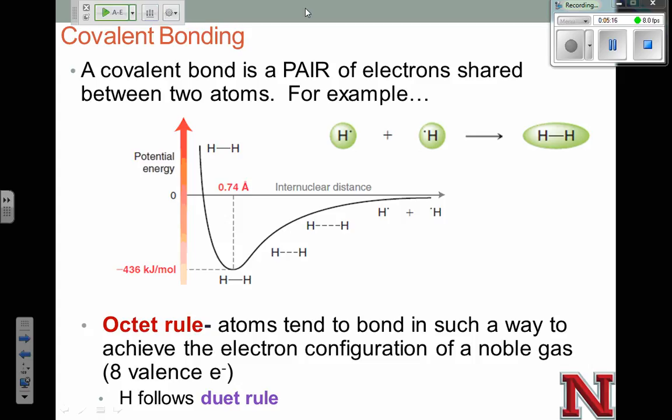And how many electrons can be in an orbital at a time? 2. So hydrogen only has space for 2 electrons when it's bonded. It doesn't have space for more than 2 electrons. Most of our atoms, carbon, nitrogen, oxygen, fluorine, they're trying to achieve an octet. But hydrogen is only trying to achieve a duet. And that's its most stable state. It's really light.